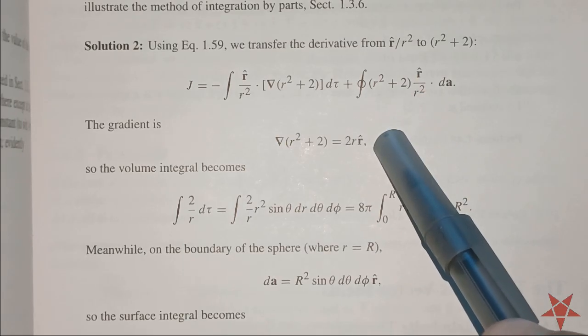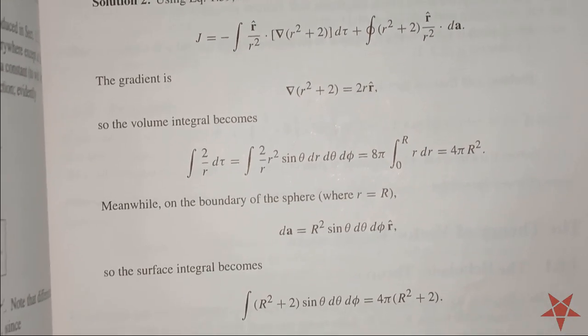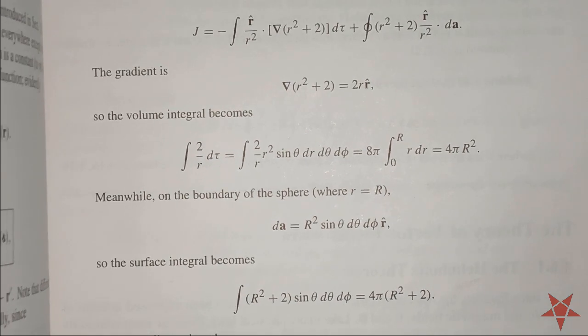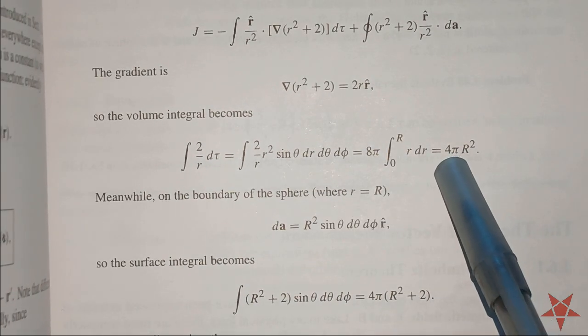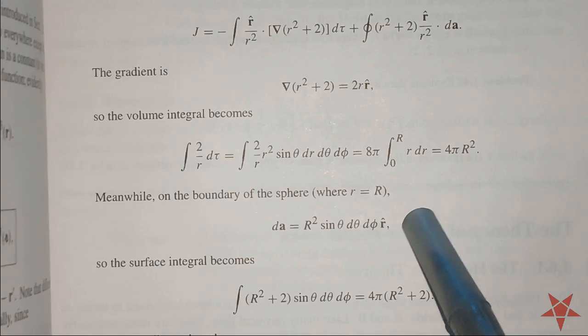We then solve for the gradient, and then we start working on the volume integral, which in this case works out to 4 pi r squared.